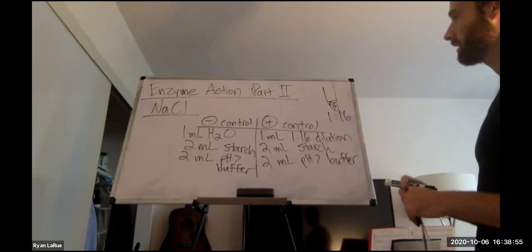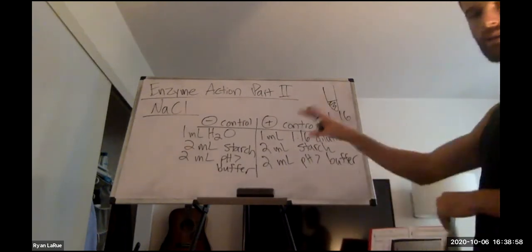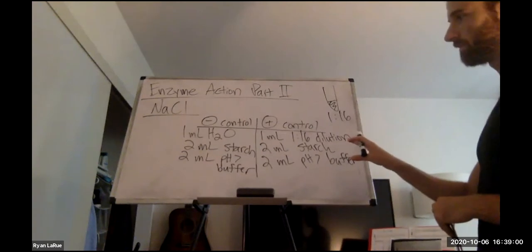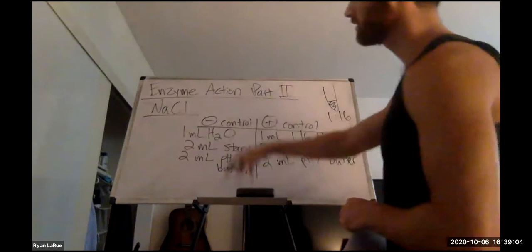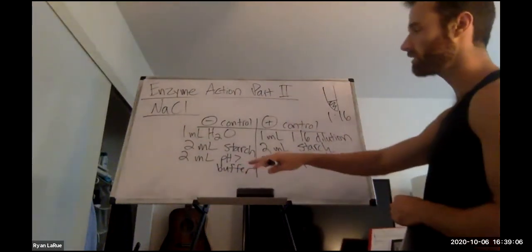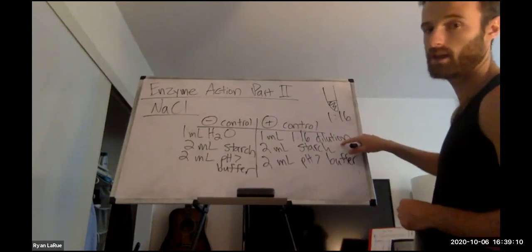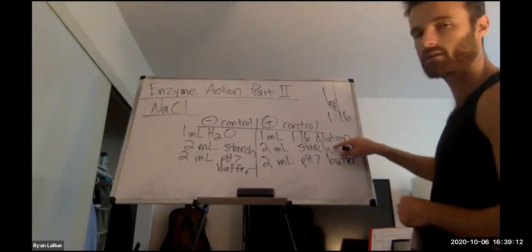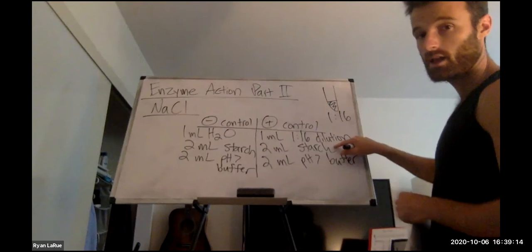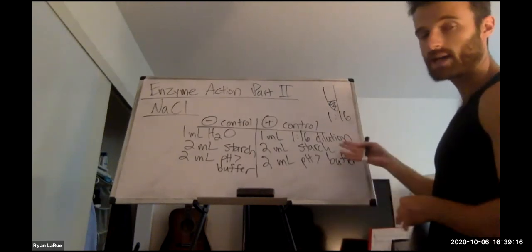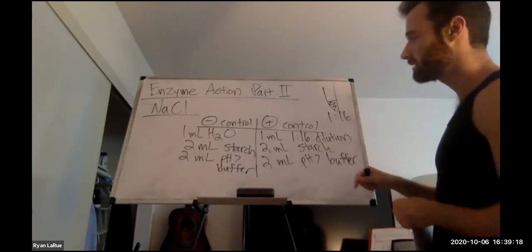So that's how you do a negative and positive control. And the negative control, again, nothing's happening, but the positive control, you have your enzyme amylase in your saliva, right? And that's gonna react with your starch. And you expect that. You found that out last week. So that's why it's a positive control.